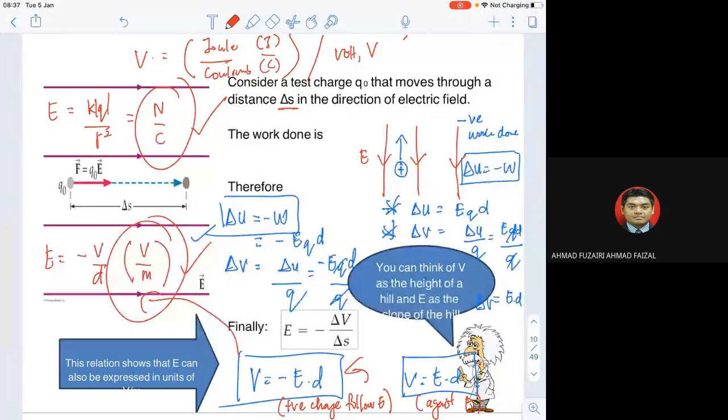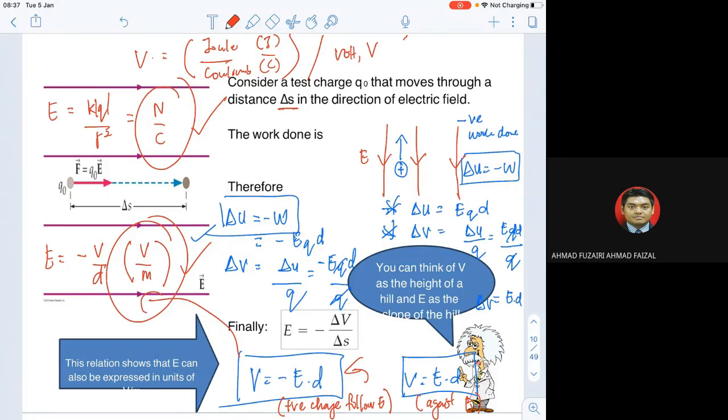Remember, both are still electric field. It's not that one is not an electric field because the unit is different. It's either newton per coulomb or volt per meter when you look at the questions. Later on, if you get confused, look at the unit: newton per coulomb or volt per meter, both are the electric field. You should remember this.